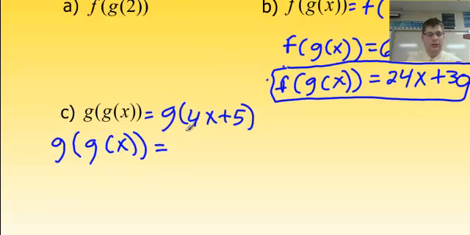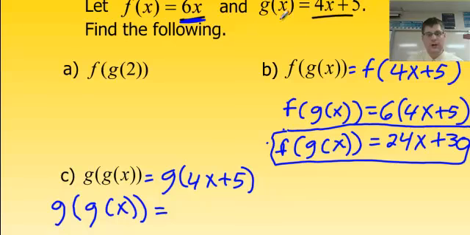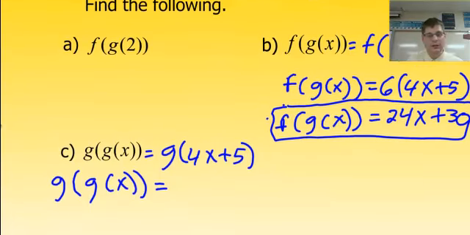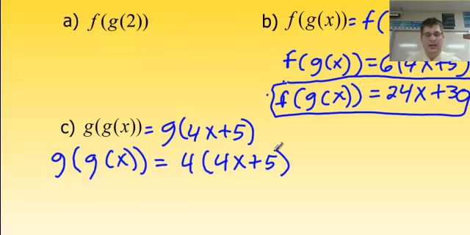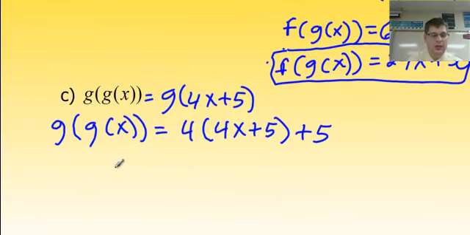So we're going to substitute 4x plus 5 into, guess what, 4x plus 5 up there. So it's going to be 4 times, and in parentheses where the x would be, we plug in this whole mess, this 4x plus 5, and then plus 5. And now we would simplify this.